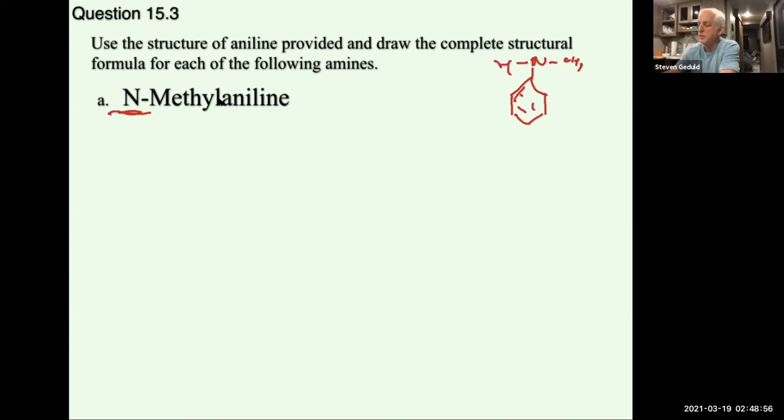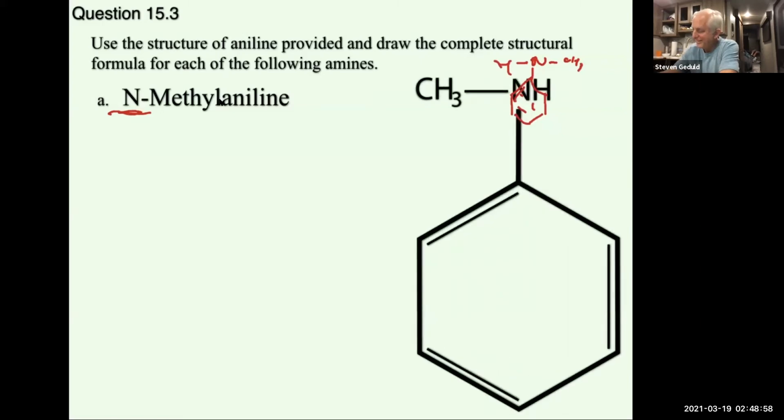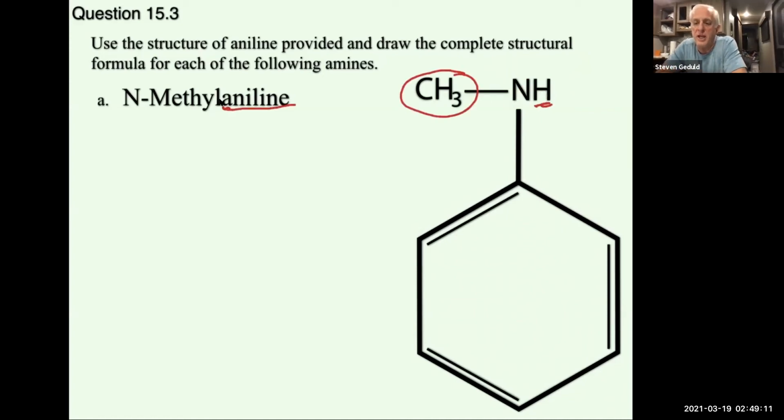Perfect. Just like that. So one of the hydrogens you replace with the methyl group. So aniline is a benzene ring with NH2 on top. And we have one attachment on it, N-methyl.